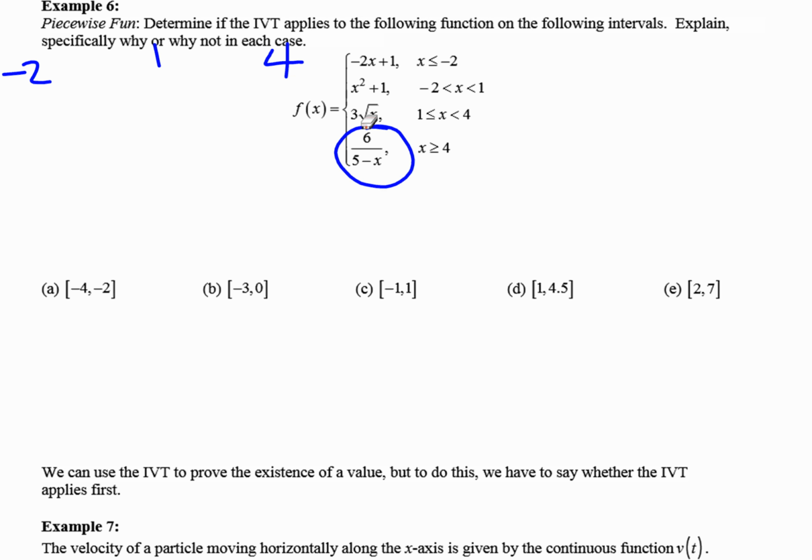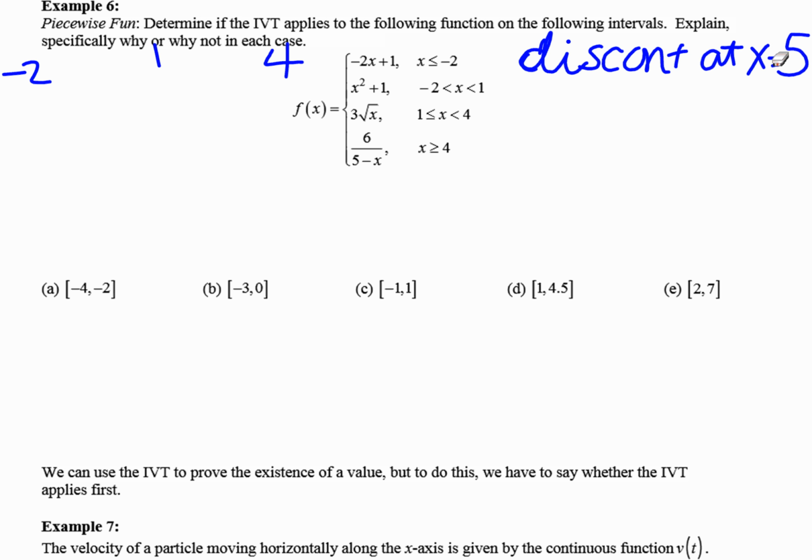So I start this function, I know it's going to have a vertical asymptote. So I'll have to find out any of the other places. So what we're going to do, we're going to check the limit from both sides. I'm going to write it because my computer's not letting me.